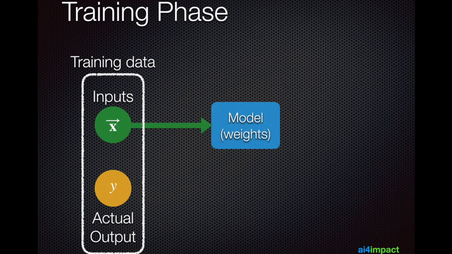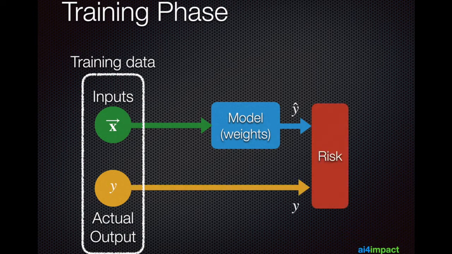We want to feed our model the inputs, for which we get a prediction Y hat. We then compare the predicted versus the actual output, and we use our risk function, it could be the RMSE or the MAE, to do this. And this comparison, don't forget, is not done just for one single point. It's an average error over the entire training data set.